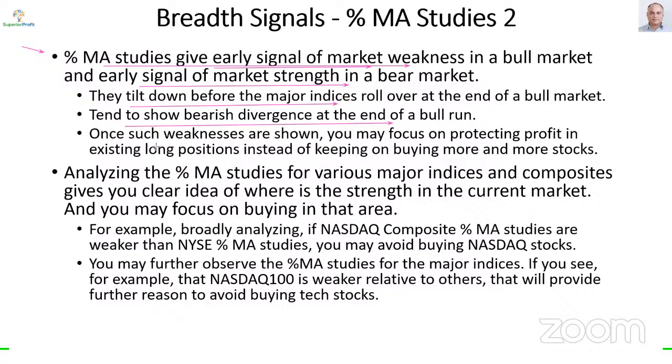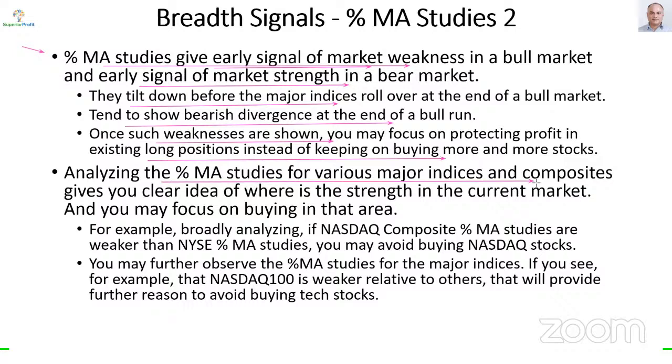Once such weaknesses are shown, either bearish divergence and or tilting down of the percentage MA studies, you may focus on protecting profit in existing long positions instead of keeping on buying more and more stocks. That's the overall view. Analyzing the percentage MA studies for various major indices and composites. Now we are drilling down.